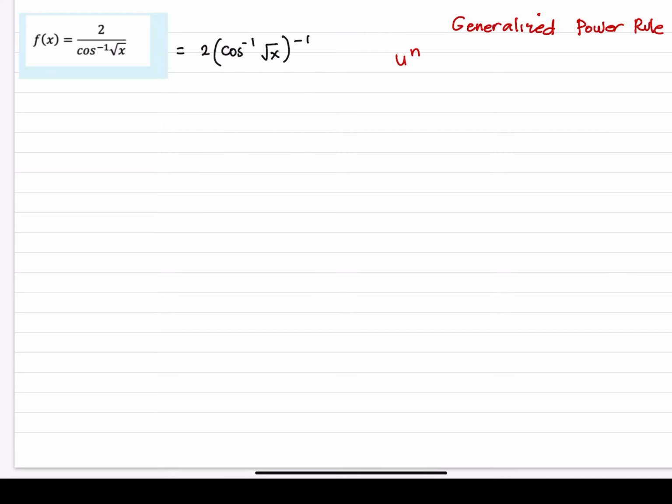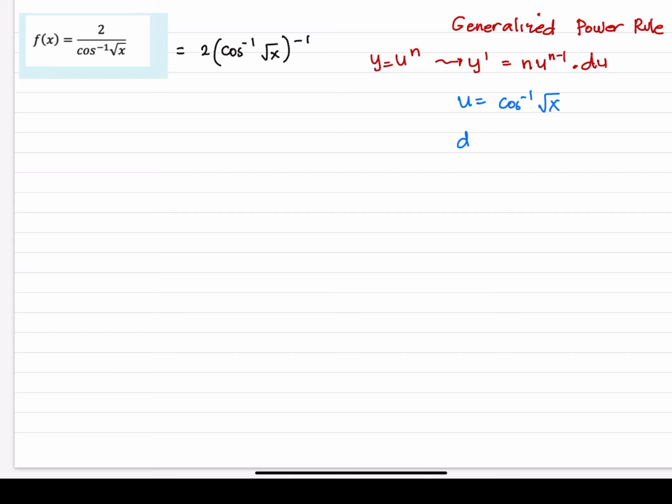Recall that if a function takes the form u to the n, then its derivative y prime is equal to n u raised to n minus 1 times du. Okay, so in this case, our u is arccosine of the square root of x.